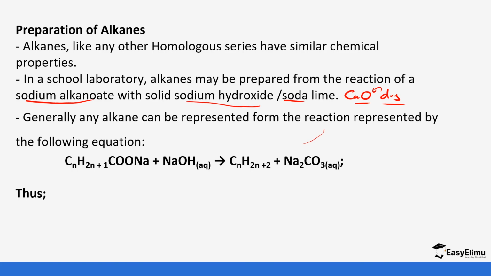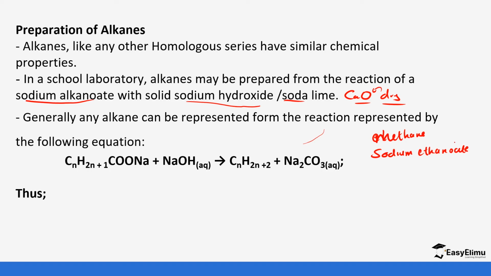So when alkanes are prepared, when they are reacted, especially the sodium alkanoate, we usually pick the sodium alkanoate of the preceding alkane. Let's say, for example, we want to prepare methane. We are going to use sodium ethanoate.